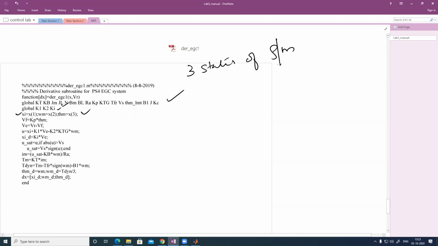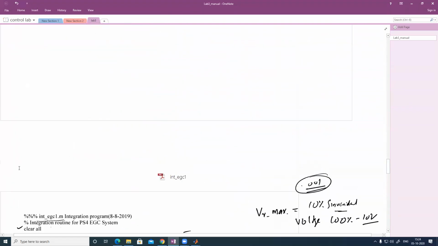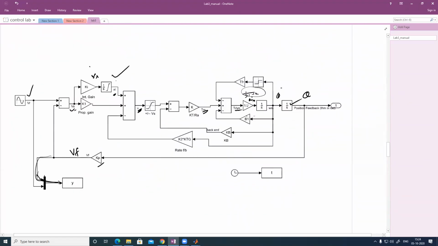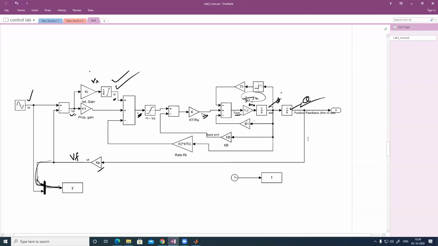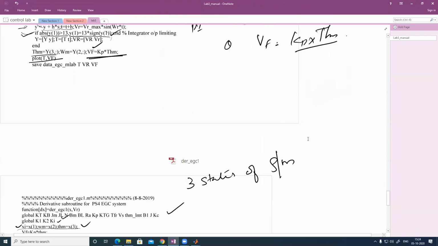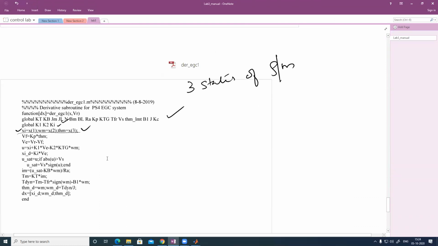Now it is a state equation. These three are states. The integrator outputs are taken as states: xi, omega m, theta. These three integrators are there in this block diagram, so it has 3 states. Xi is x of 1, omega m is x of 2, and theta is x of 3.